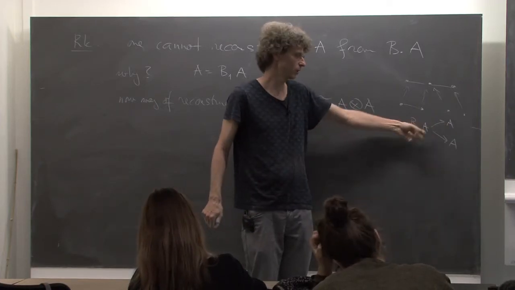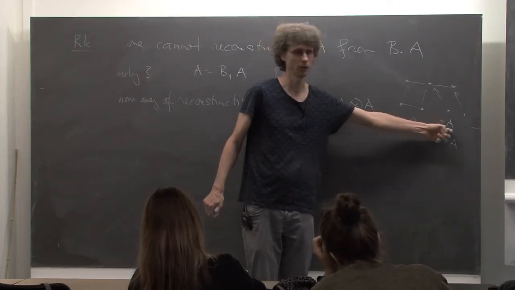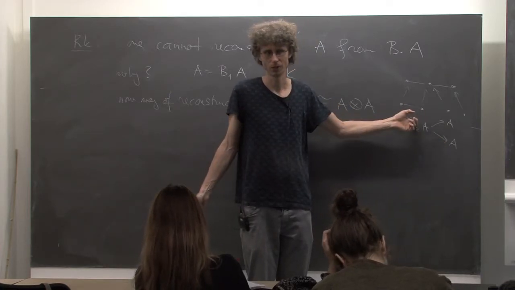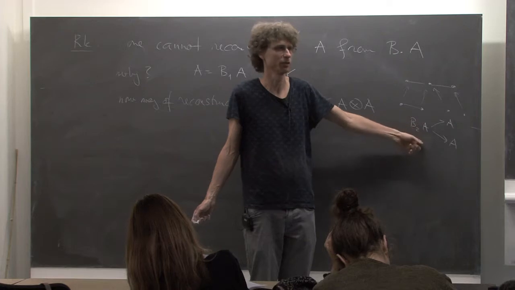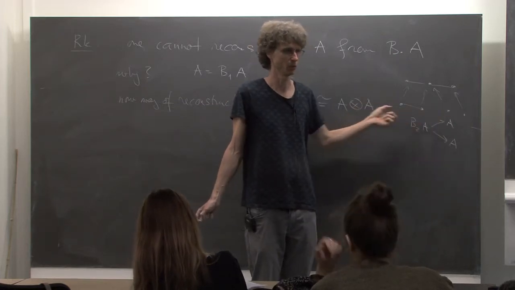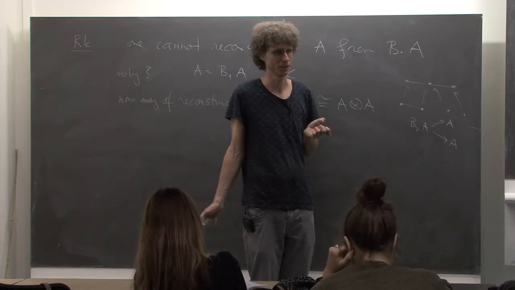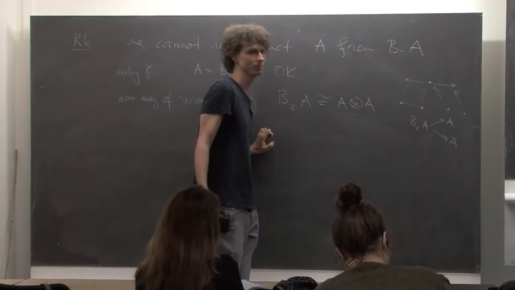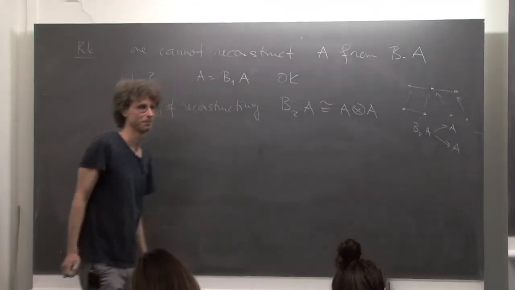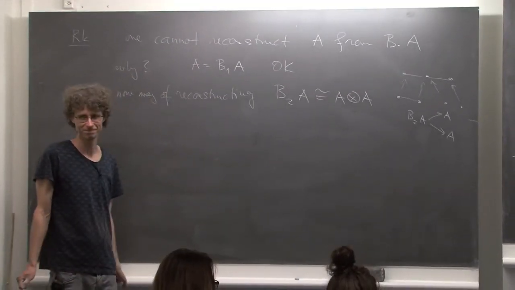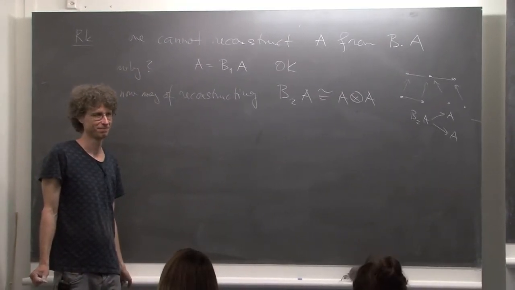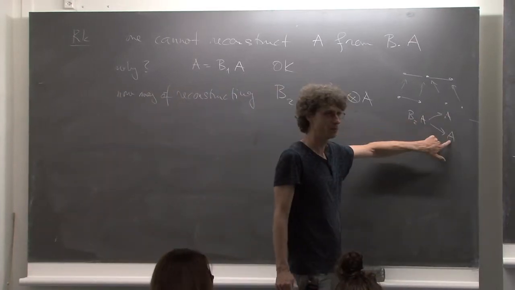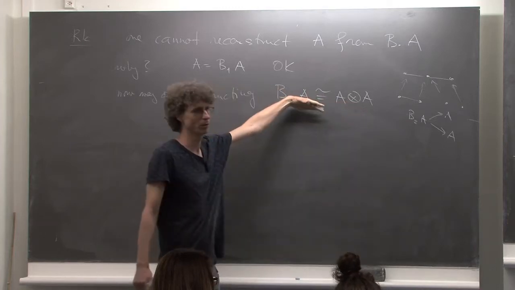But there is now no way to say that we have a map going from B to A tensor A. We have a map going from B to A tensor, B to A tensor A if you really want. But that's the best thing we can write. No, it just doesn't work. Right, so we have those two maps, but there is no way to combine them to a map going this way.